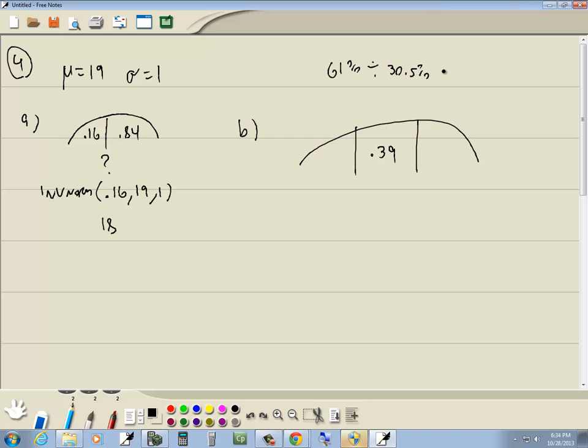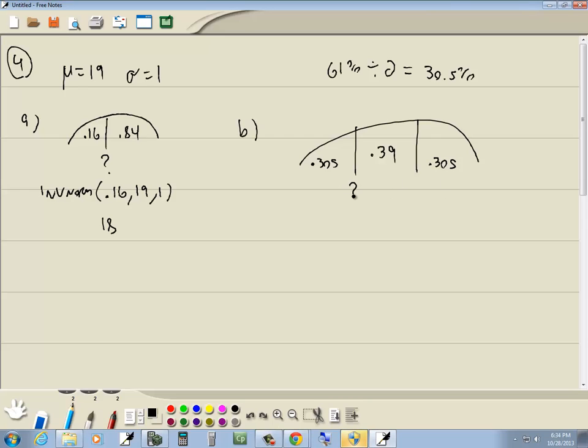What am I doing? I should probably go to sleep. Let's try it again. I said it, but I didn't write it. Divide by 2 gives us 30.5%. So here will be 0.305, and this will be 0.305.